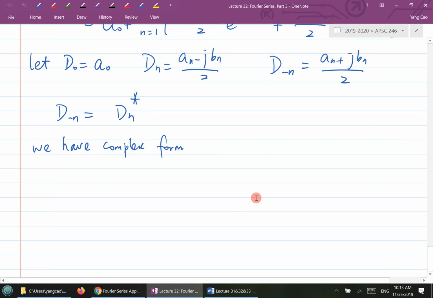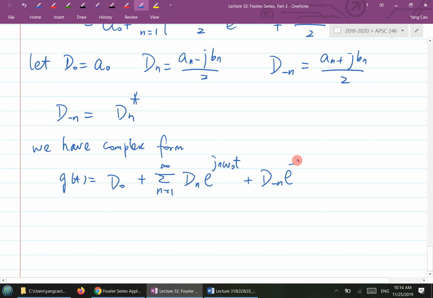So now we have the Fourier series, which is g of t equal to d naught plus the sum from n equal to 1 of dn times e to the power of j n omega naught t plus d negative n e to the power of negative j n omega naught t. This is called the complex form of Fourier series.